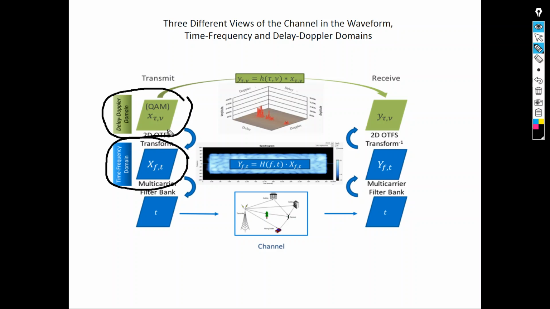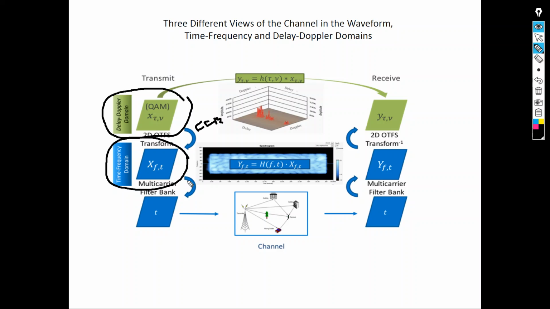You get this after using the 2D OTFS transform, which is the symplectic transform or FFT2 transform; you need to be careful about the signs. So this is straightforward. You define a matrix that contains QAM symbols.